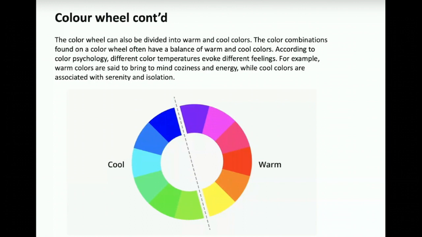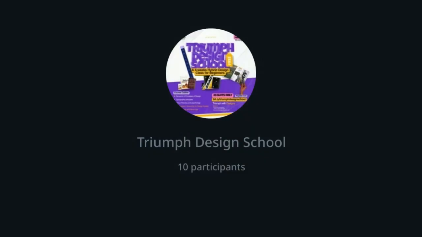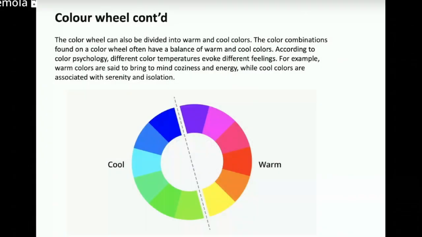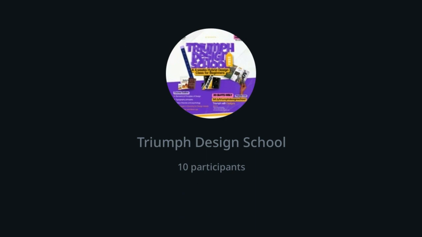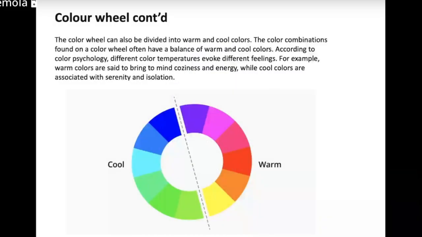While the other side are known as the warm colors. Some of these colors project arrogance, royalty, or elegance. So have it at the back of your mind that the color wheel is divided into two: the warm colors and the cool colors.